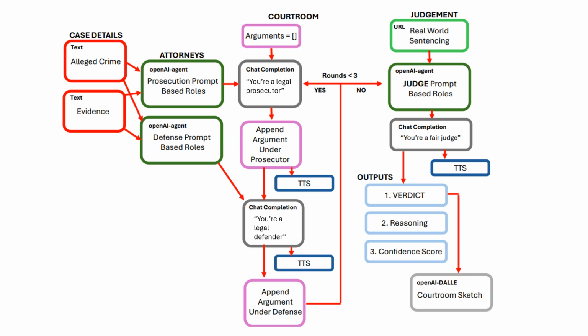And what's happening here is we're seeing 3 successive rounds of argumentation. So the arguments coming in, there's no precedence, no one's made an argument yet. So what's happening first is the prompt for our agent has empty arguments, but has the evidence and the alleged crime. And they're told, you're a legal prosecutor, make an argument for why this individual is guilty.